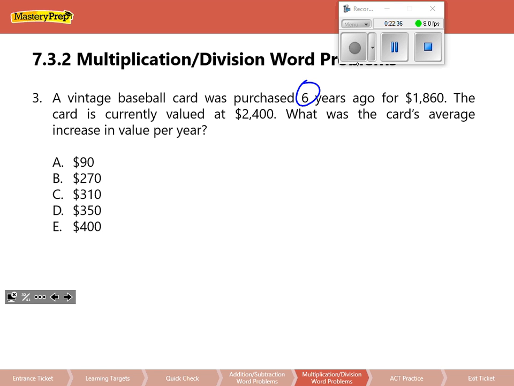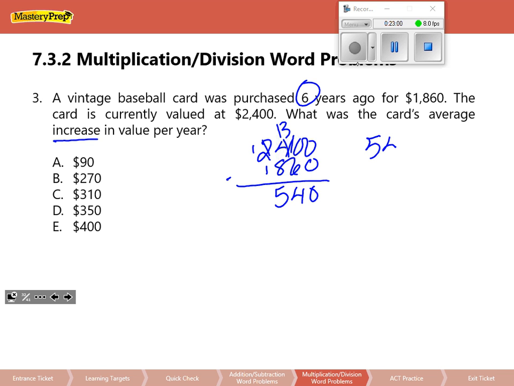And it's asking for the card's average. So how much did it increase? Because we can subtract the 2,400 and 1,860. So it increased a total of $540, yes? And we're wanting to know how much it increased per year.